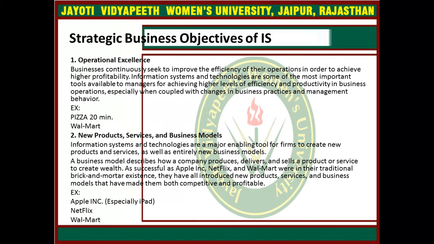Successful examples include Apple and Netflix. You have heard about Walmart, which was in the traditional brick and mortar existence. They have all introduced new products, services and business models that have made them both competitive and profitable.